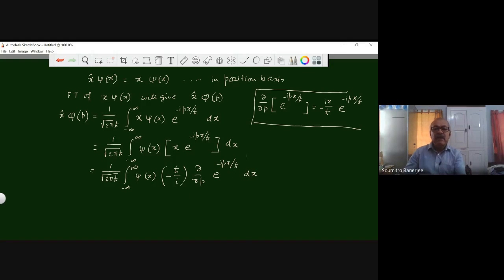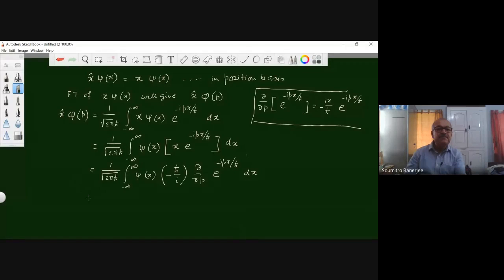Okay, I'll hide this. This one is actually i h cross, so I can bring that forward. i h cross, this is 1 by root 2 pi h cross, minus infinity to infinity.